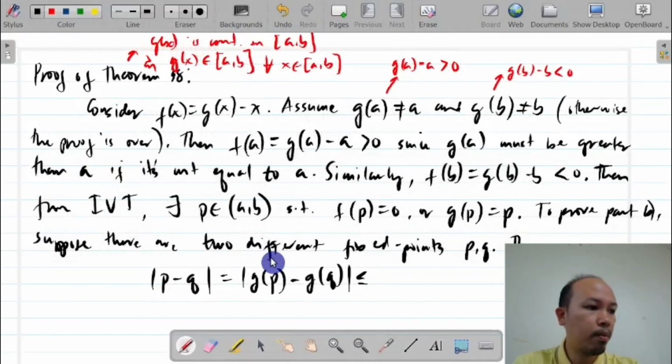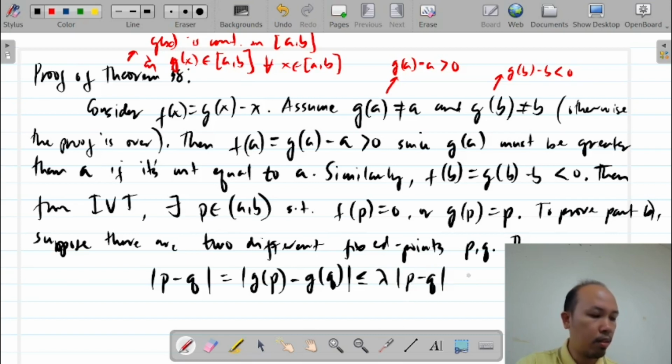Then what will happen here is that we have lambda times the absolute value of p minus q, and we know that this is greater than the absolute value of p minus q, since our lambda is between 0 and 1, which is of course a contradiction.